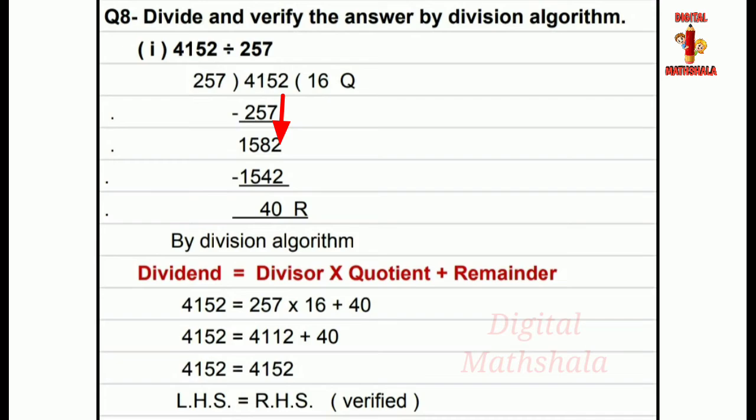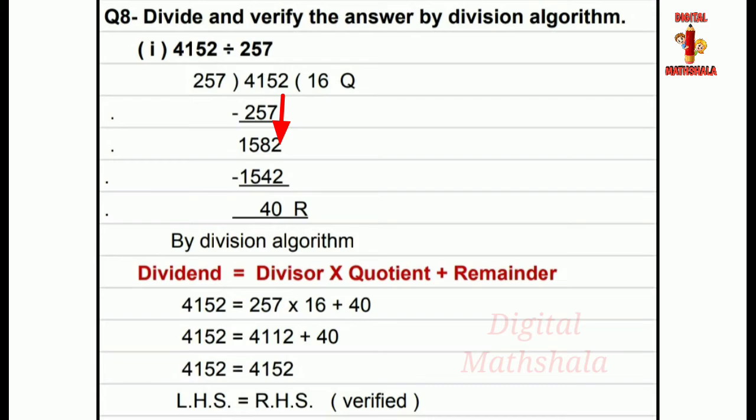As you can see, one red line is given, that represents the division algorithm. So here we will apply all the values in the given equation. In place of dividend we will write 4152, divisor will be 257, quotient will be 16, and remainder will be 40.